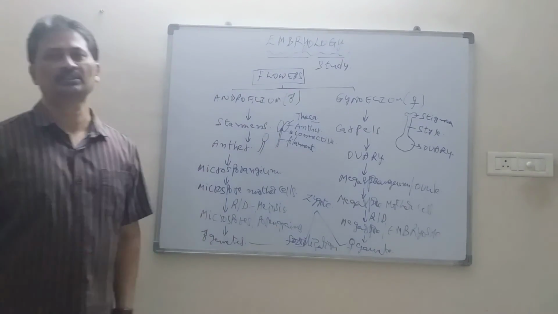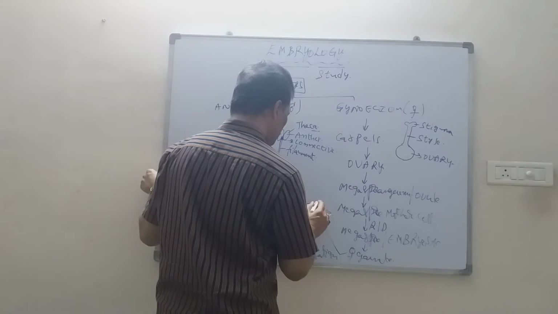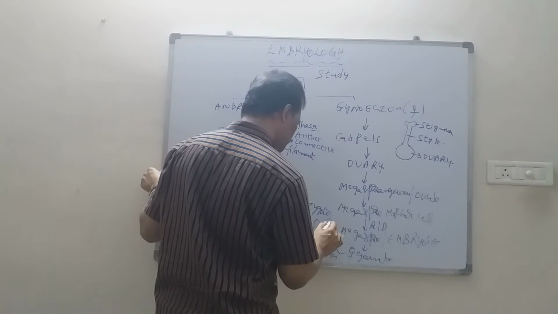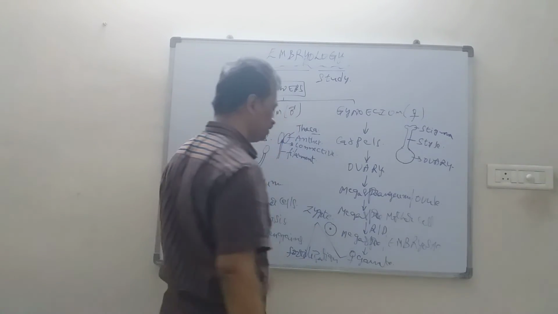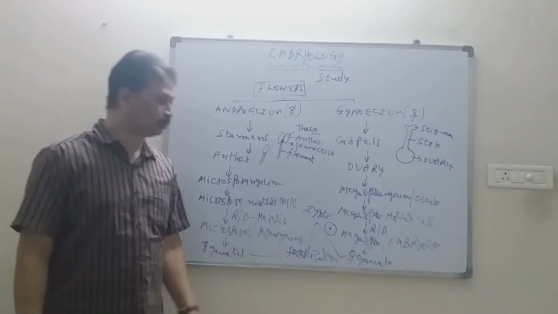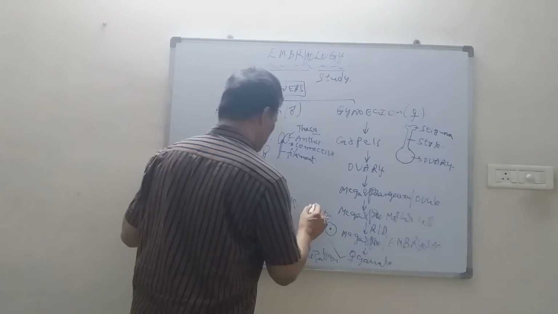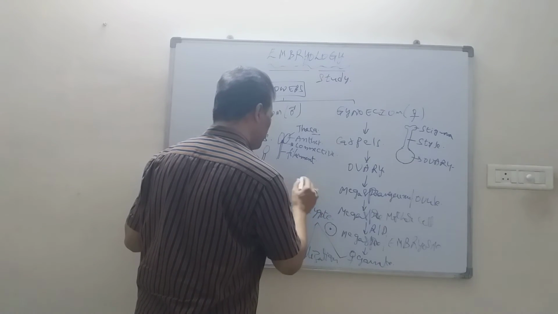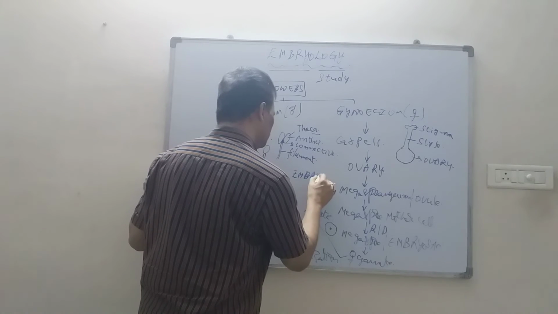So after fertilization, it produces the zygote. If you observe the zygote, it appears like this. It is a globular structure, unicellular as well as uninucleate. Afterwards, this zygote undergoes development and produces a structure called the embryo.